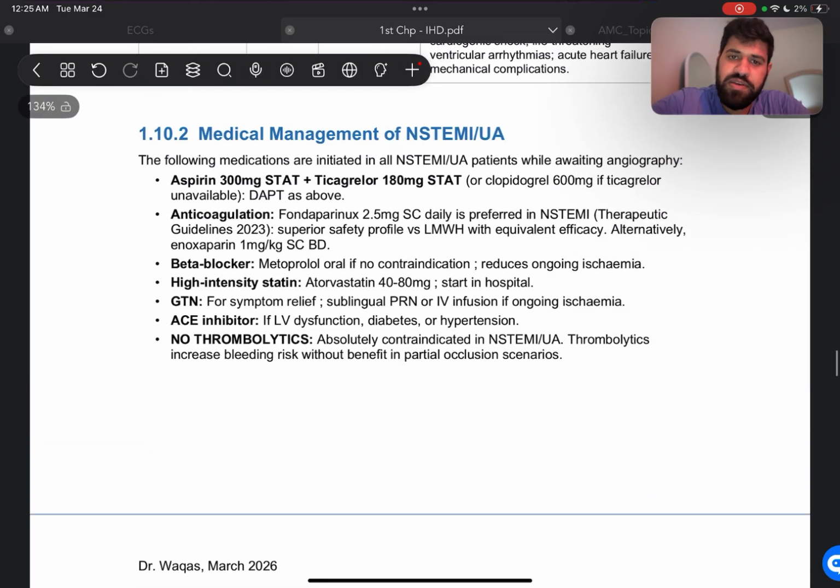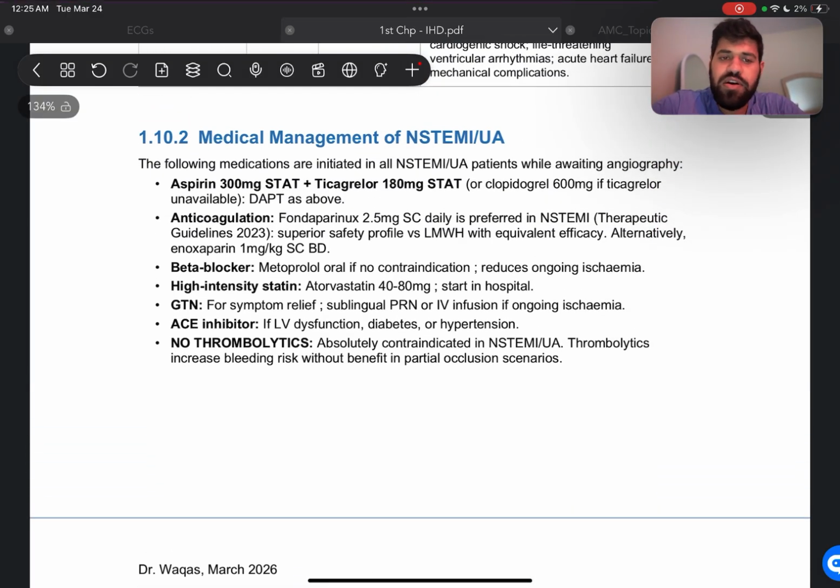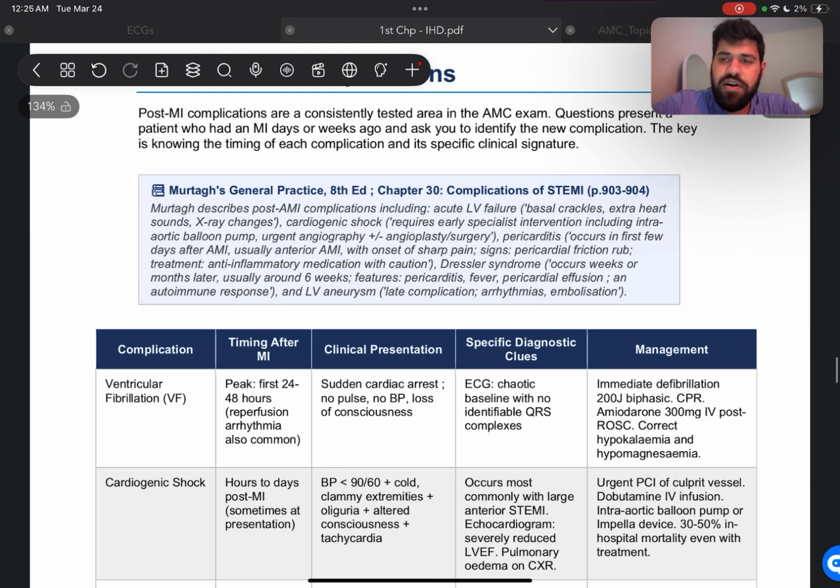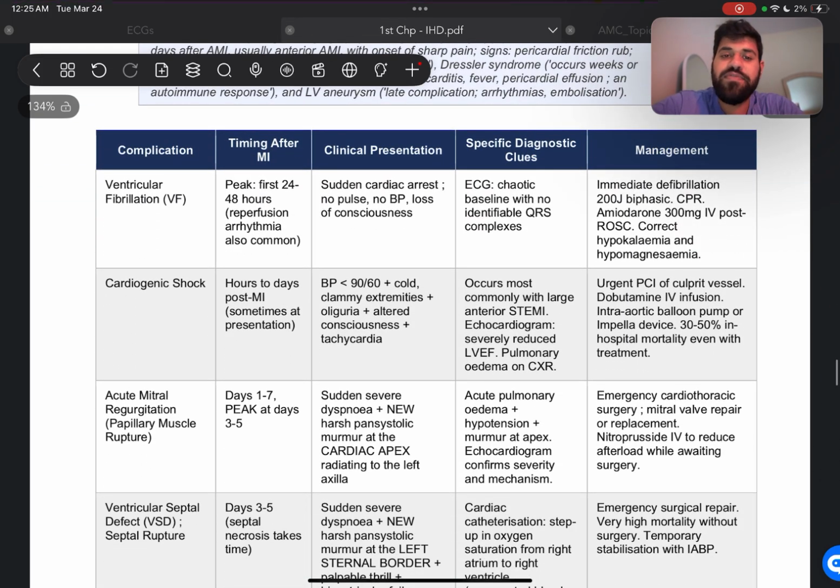All right, remember, NSTEMI and unstable angina are not transmural. They are just partial occlusions. Now after MI, post MI complications, this is very important. As I said, they could give you different time periods, and they could ask you what is the complication that the patient is having right now. So first one, within 24 to 48 hours we are going to get ventricular fibrillation because of reperfusion.